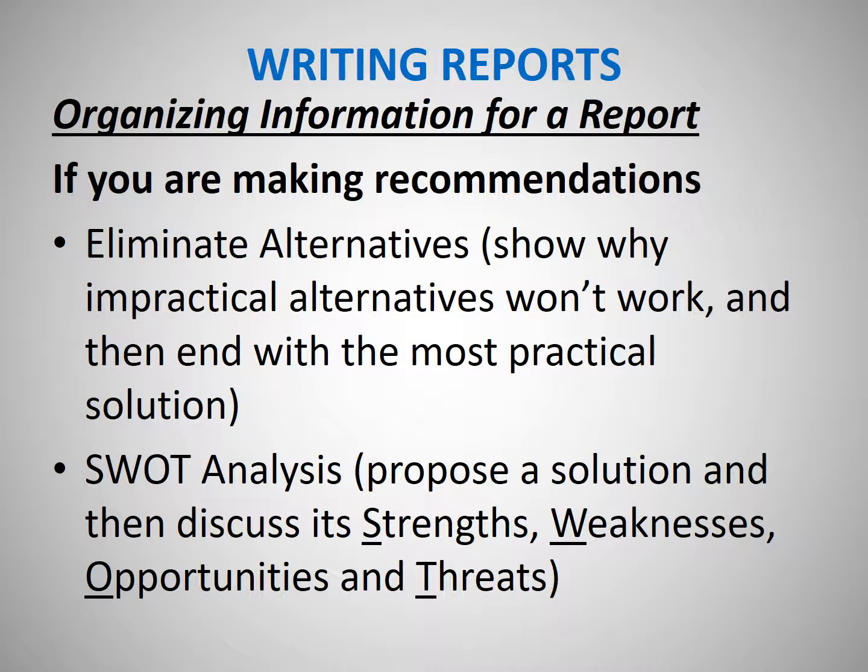So go to the end of the line, and you describe the alternative, but then you say why it won't work. Then you go to the next one in line, describe it, and say why it won't work. And you end with what you think will work. So you describe it and say, that's why this one is the best choice. Right? So, take each thing that you don't want to recommend, show why it won't work, and then get to what you do want to recommend and show why it will.